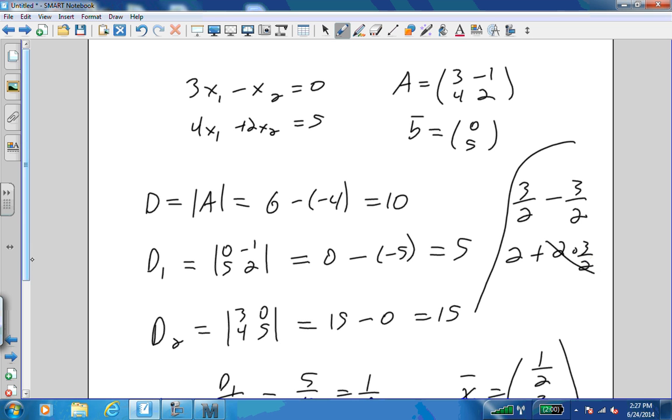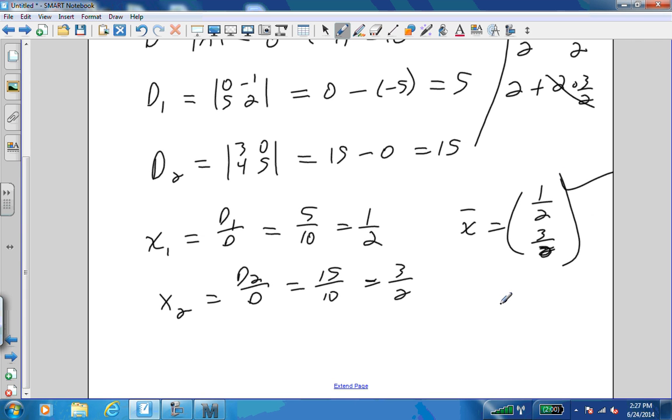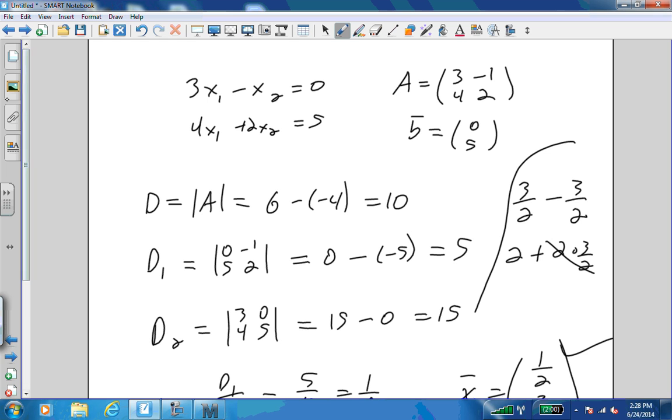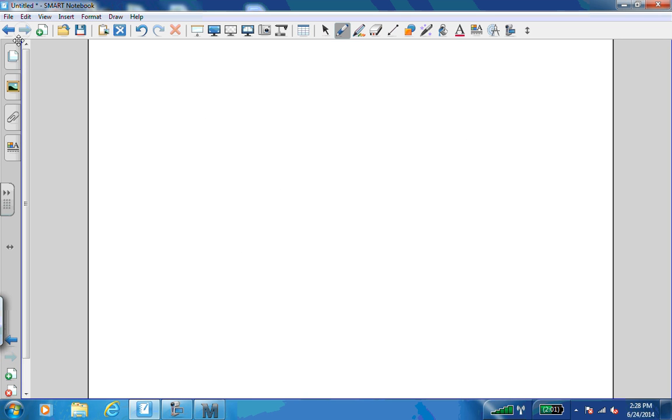So yes, that is indeed the solution to our system of equations. That works out very well for a 2x2 because we can calculate those matrices very quickly, and that keeps us from having to row reduce that system of equations or find the inverse or do things such as that.